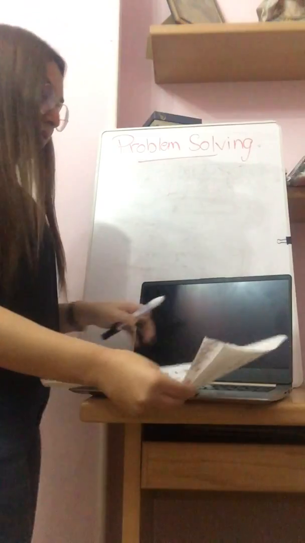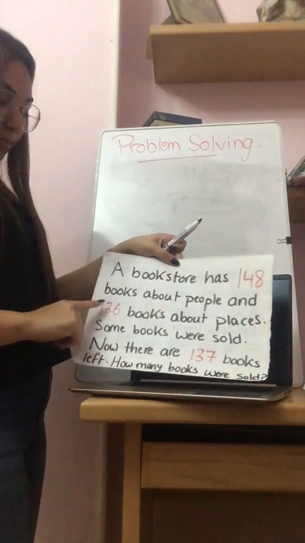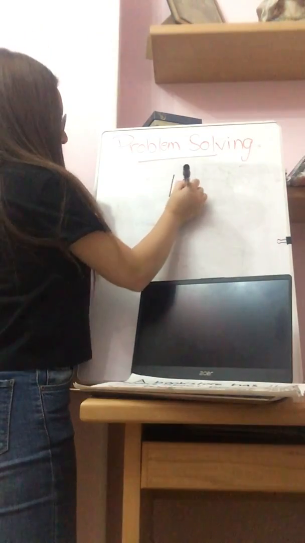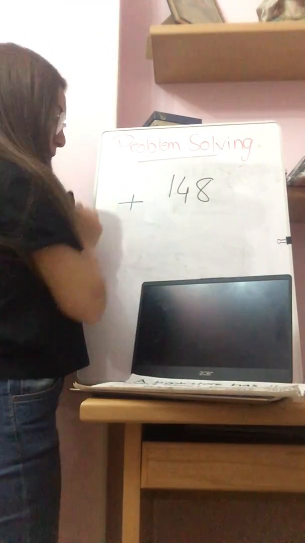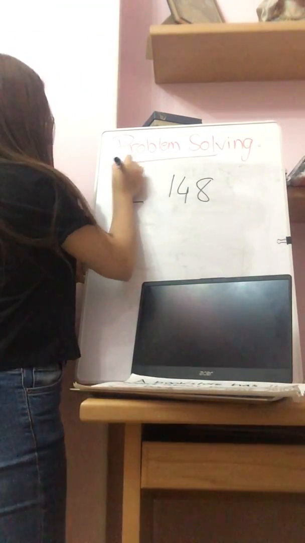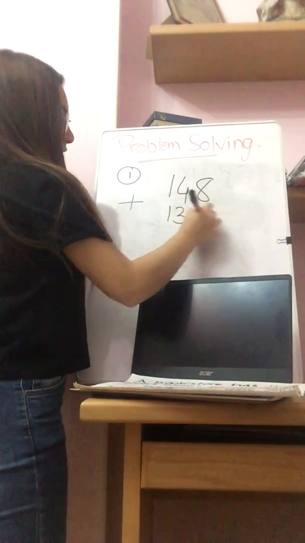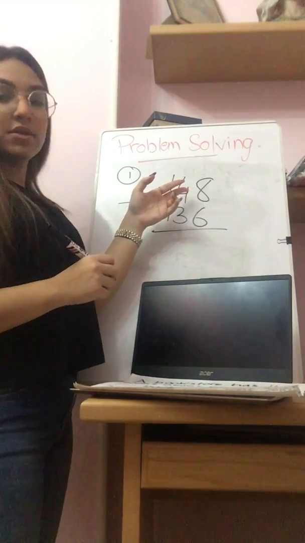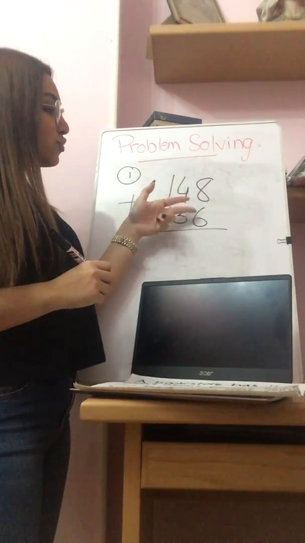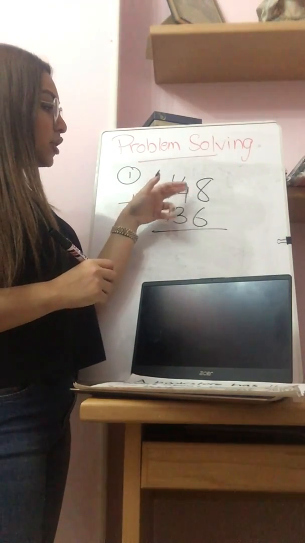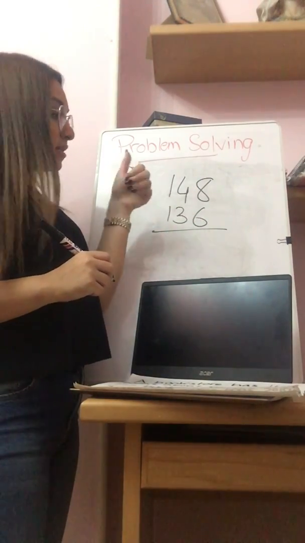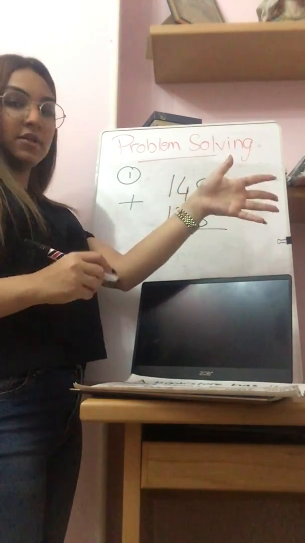So let's add the 148 plus the 136. This is my first step. Now let's refresh how to add a 3-digit number with a 3-digit number. 8 plus 6 is, after 8, 9, 10, 11, 12, 13, 14.